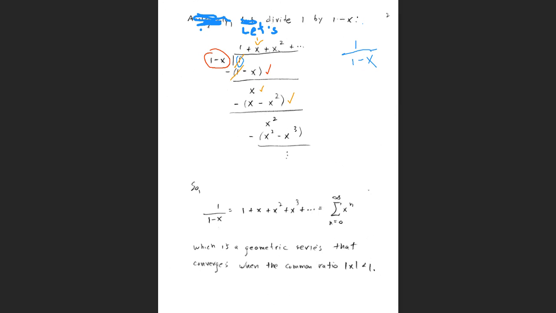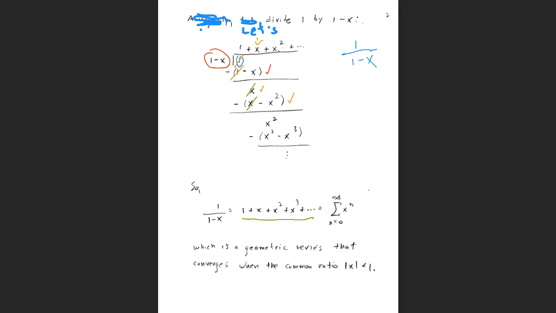You subtract that, and then the x's cancel out, and you're left with x squared. 1 minus x goes into x squared, x squared times. So you see, you just keep dividing, and you end up getting the series 1 plus x plus x squared plus x cubed, and so forth.